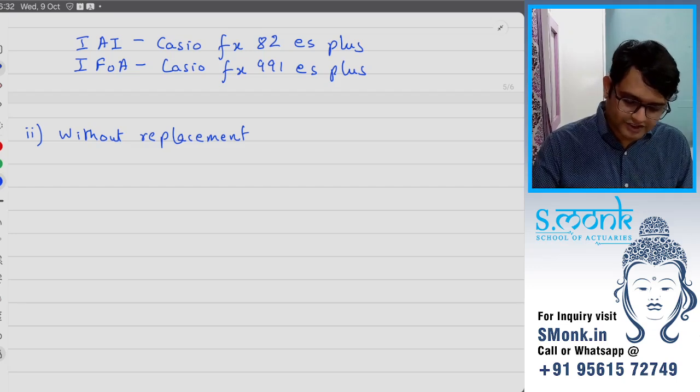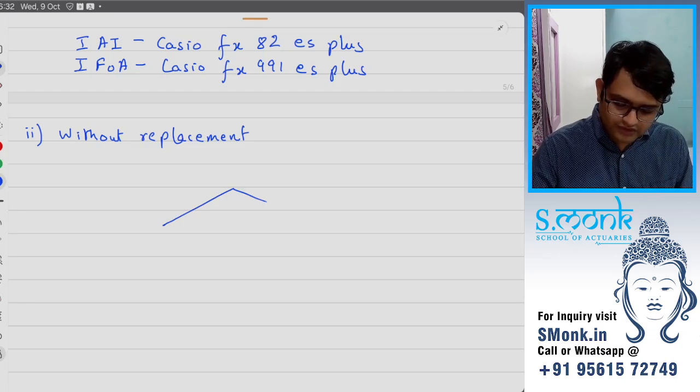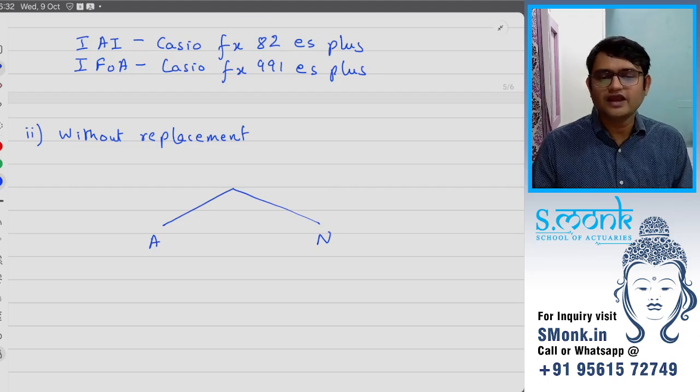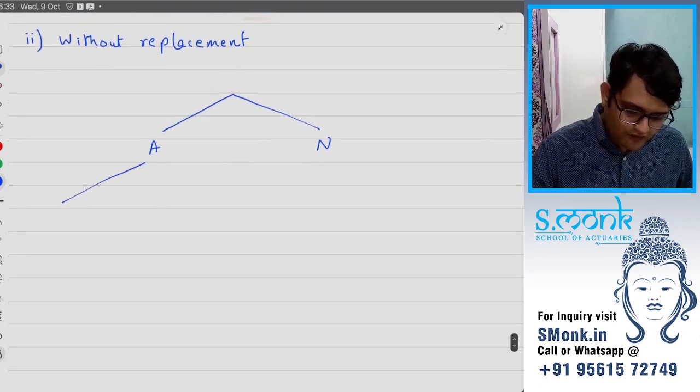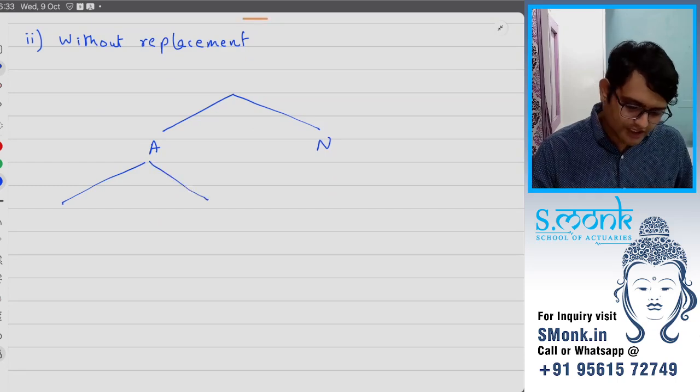So in that, what happens is, in the first card, I may have 2 outcomes. Let's say I got an ace or I did not get an ace. I'm saying ace is A and not an ace is N. Then in the second card, I may have got another ace or not an ace. So in first card, if I got an ace, then I would have an ace, not an ace.